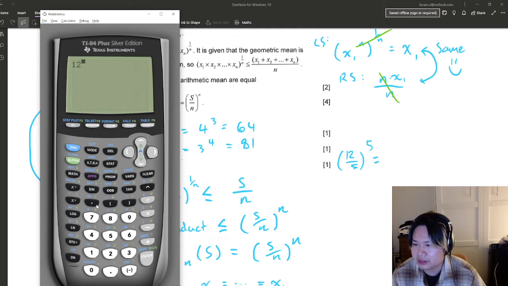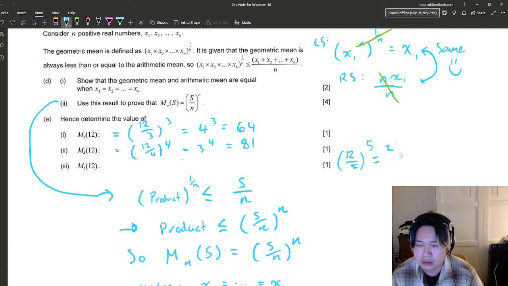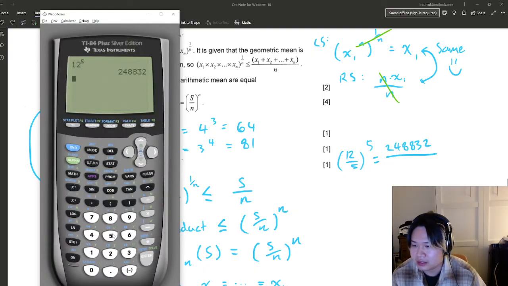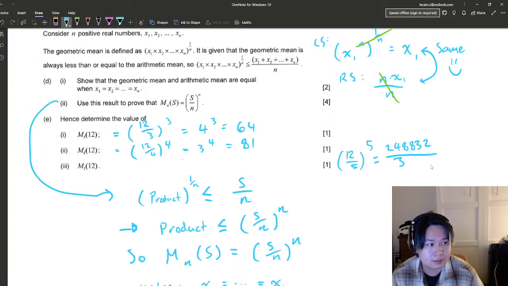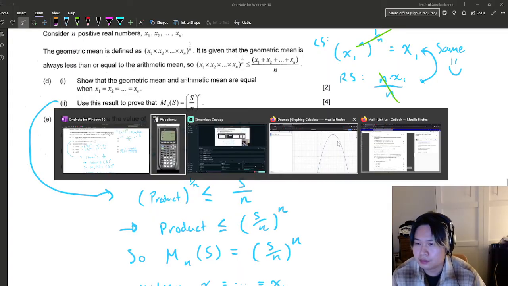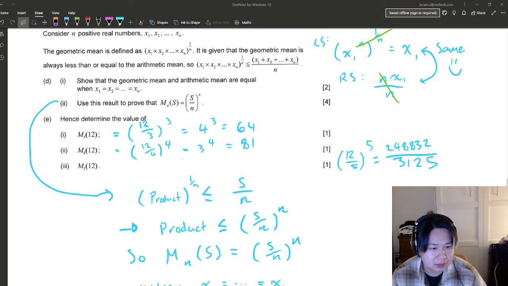No, I will just raise it. They can deal with it themselves. 2488832. And it's not like I know what 5 to the power of 5 is. 3125. Okay. And then we're going to keep going. Oh my god, there's so much.